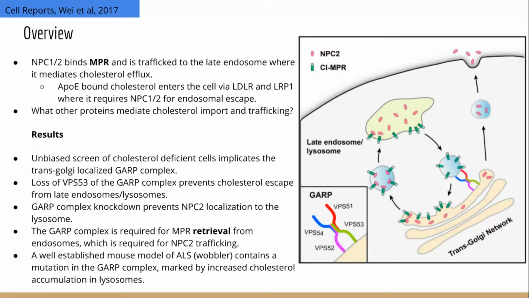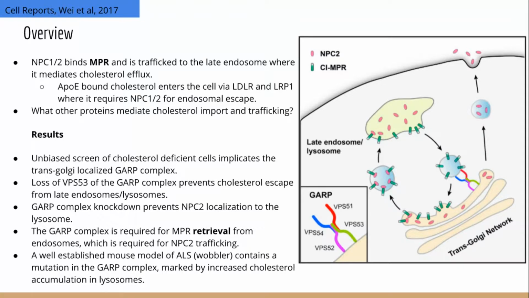The question tackled in this paper is simply, what other proteins mediate cholesterol import and trafficking? To do this, they began with an unbiased approach that took advantage of the amphotericin screening technique that allows for positive selection of cholesterol transport deficient cells. In other words, only cells deficient in cholesterol transport and trafficking can survive this antibiotic.